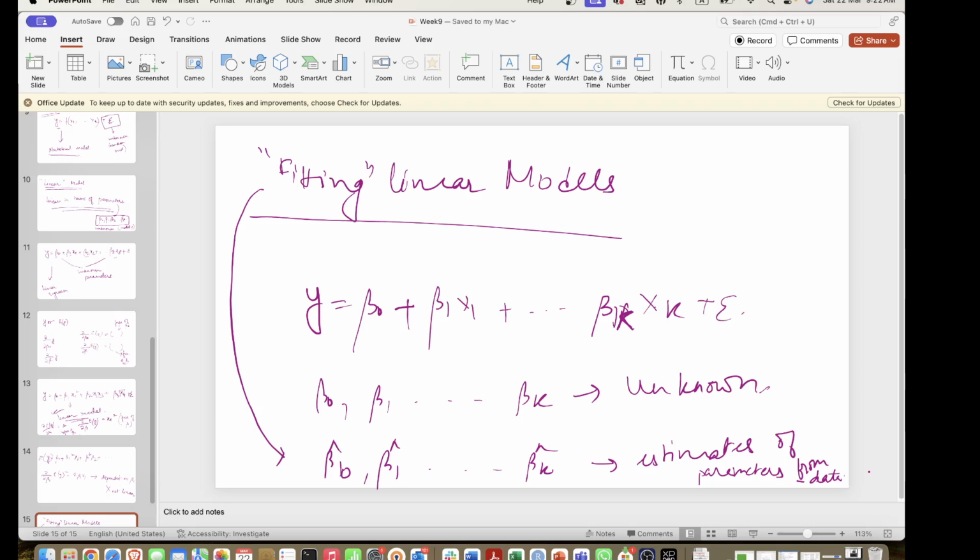So the main thing here is using data, to get estimates of these unknown parameters. Now these parameters are also called regression coefficients.